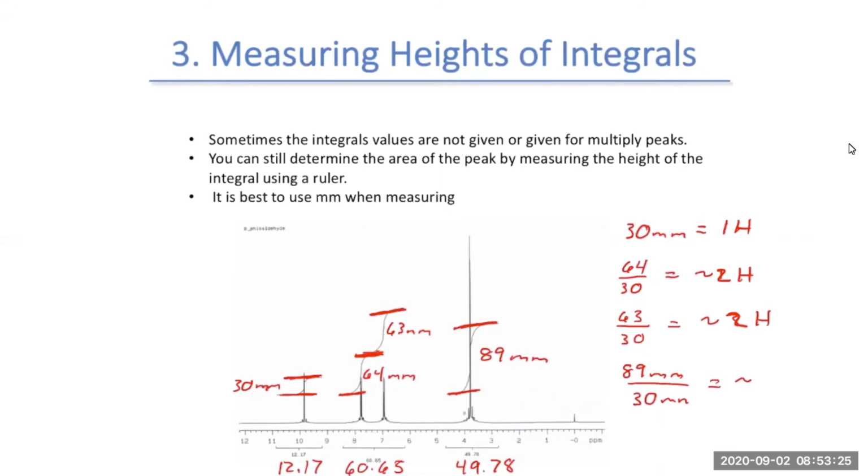That's going to equal approximately 3 hydrogens. So if your NMR spectra integrates more than one peak, you can still figure out the area of each peak by measuring the heights of the integrals. So now you should be able to figure out the area of the peaks if the formula is unknown, if the formula is known, and also if your spectra happens to integrate more than one peak at a time.